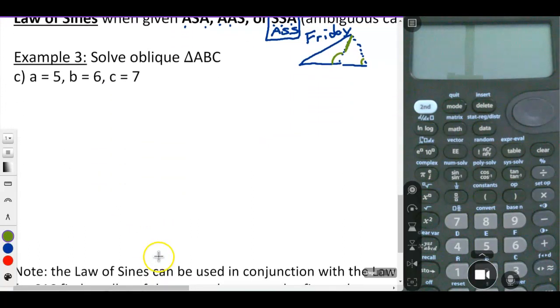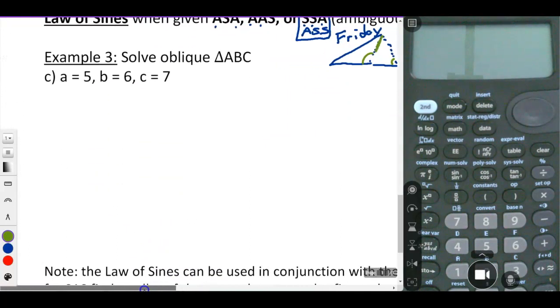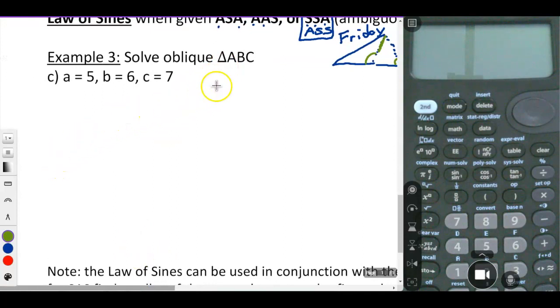Alright, so let's just solve this. I think this is fully doable. They may not be drawn to scale, but we can see one side longer than the other. Okay.